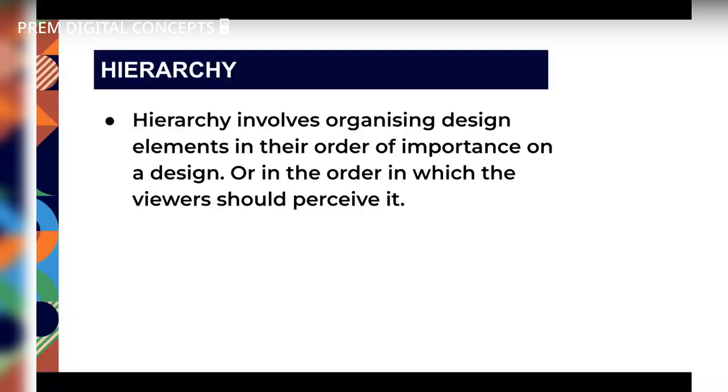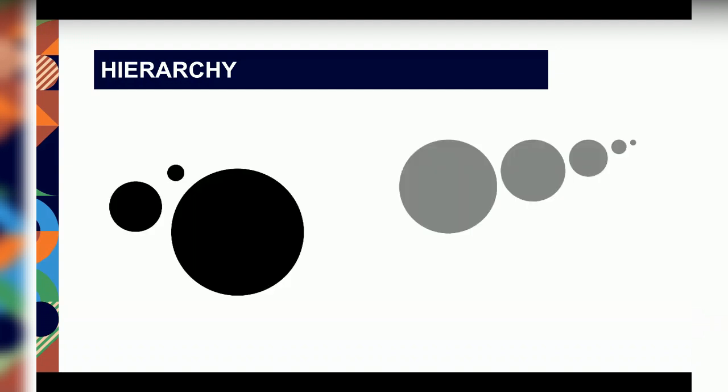Now, hierarchy involves organizing design elements in their order of importance on a design. Remember, every one of these principles talks about design elements. This one is telling you that you have to arrange them in their order of importance on the design, or in the order in which you want your viewers to perceive it. You get? Now look at this. I love this explanation of hierarchy.